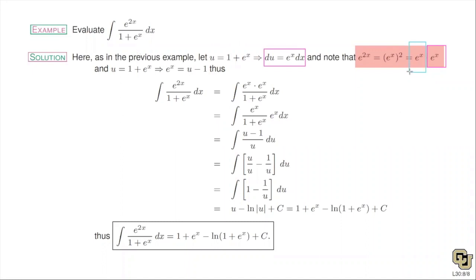So you can see the two different roles. One of the e to the x's becomes a u minus 1, and the other e to the x, combined with the dx, becomes a du. That's a little bit of trickery here. But now that you've seen it, we have to remember it and be sensitive to it.